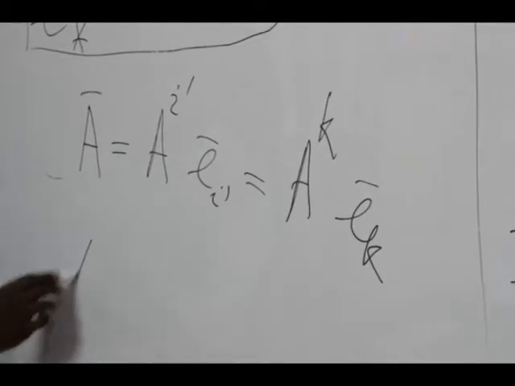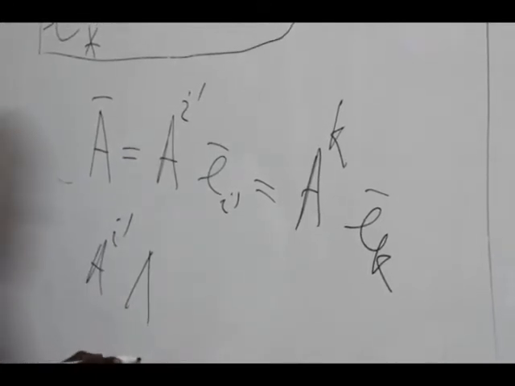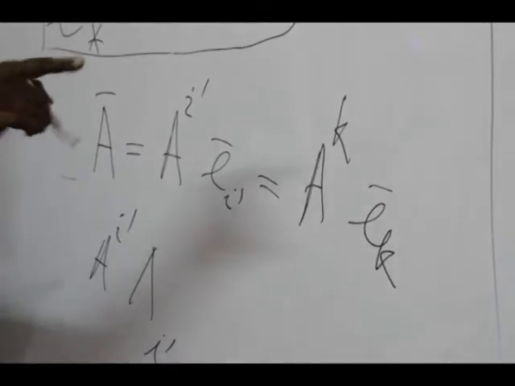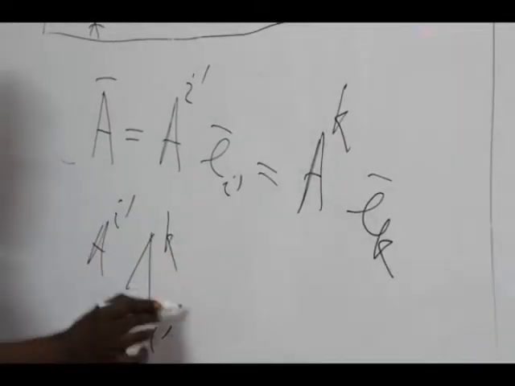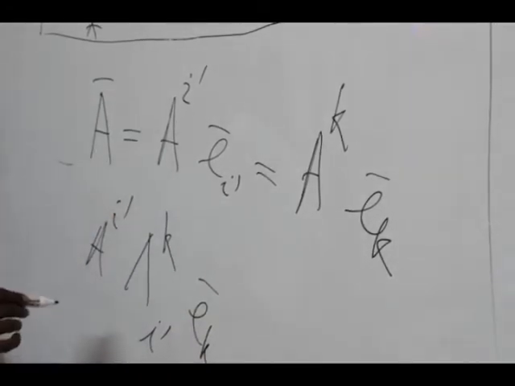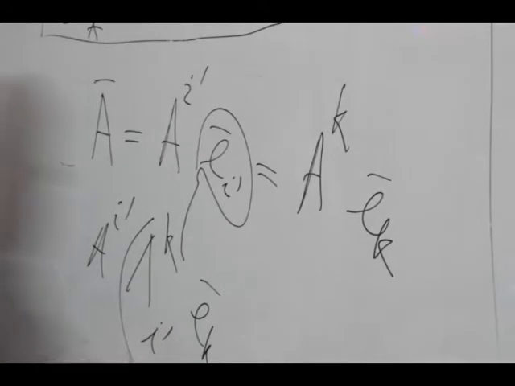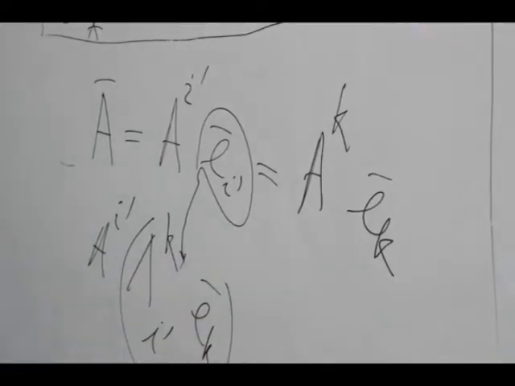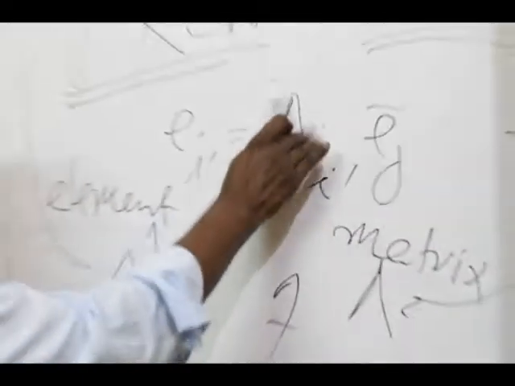Now what is e_i'? It is lambda_i'^j e_j; instead of j, you can put k here, lambda_i'^k e_k.